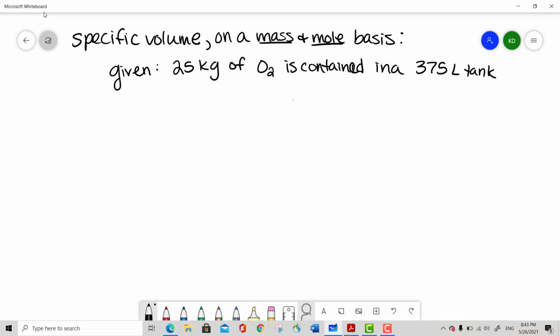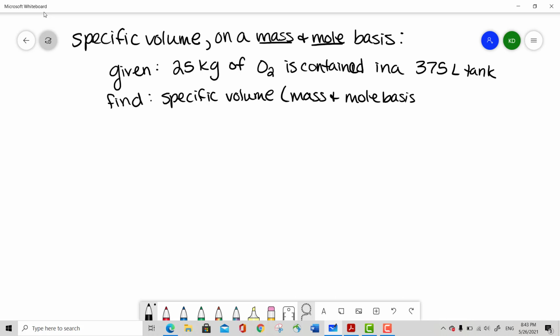Okay, we need to find specific volume, mass, and mole basis. And here is our solution.